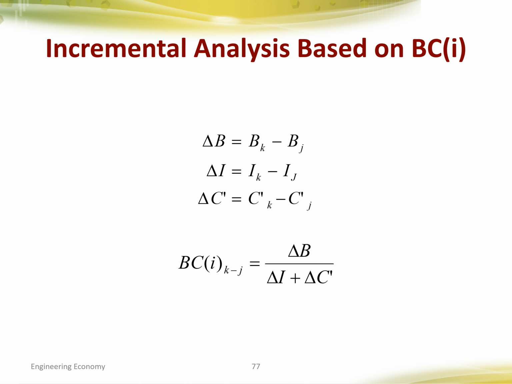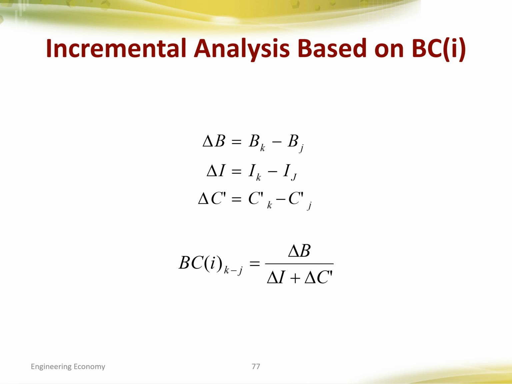We can use it to compare two alternatives. Every time we compare two, pairwise, and then in the end we can come to the conclusion which one would be the best. So here is the incremental analysis between K and J, and we use K to subtract J so that we know what K has more than what J has.